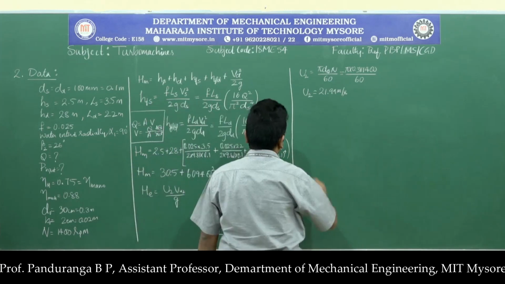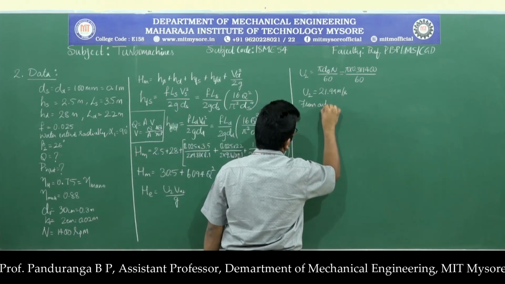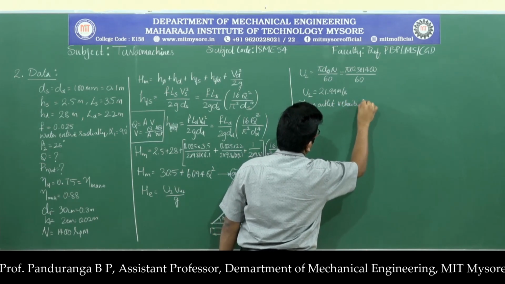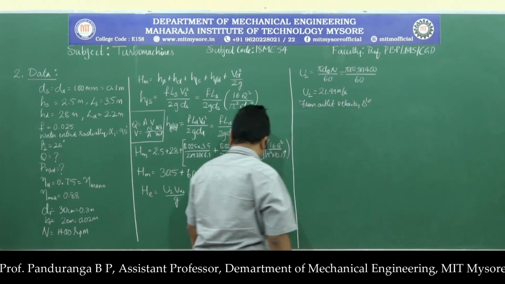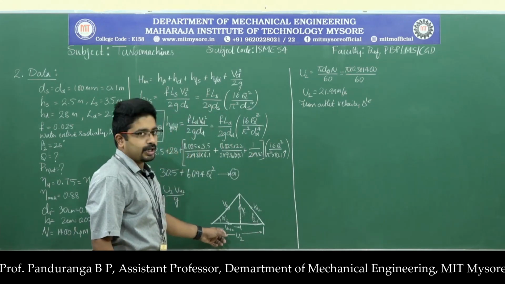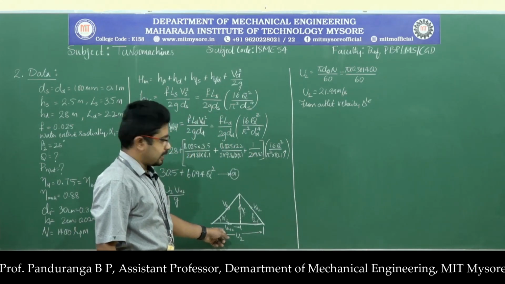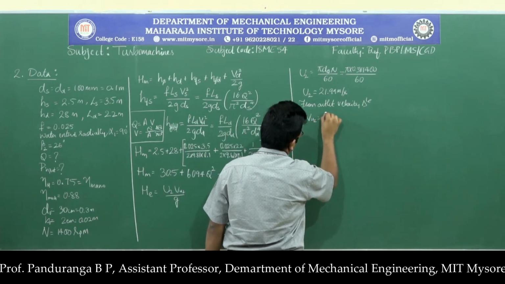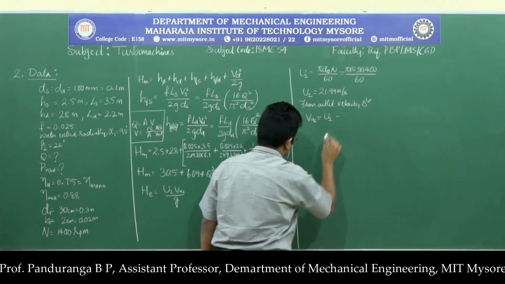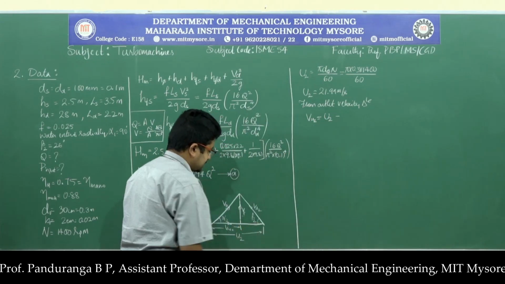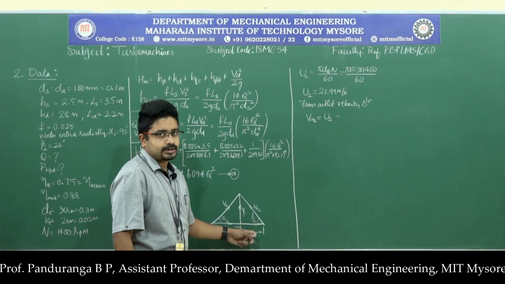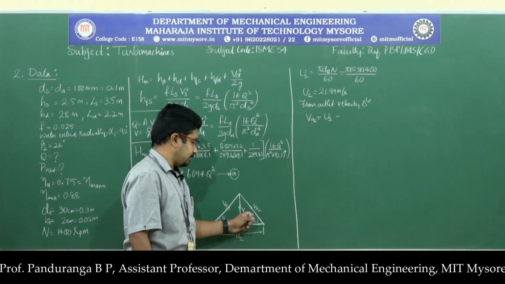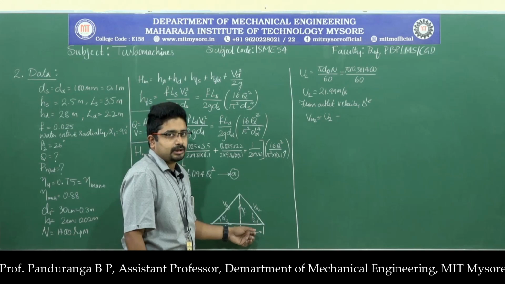Now from the outlet velocity triangle, so I need Vu2, so I can write Vu2 as U2 minus, I'll call this as X. So this since I know beta 2, I use tan here or cot beta 2.